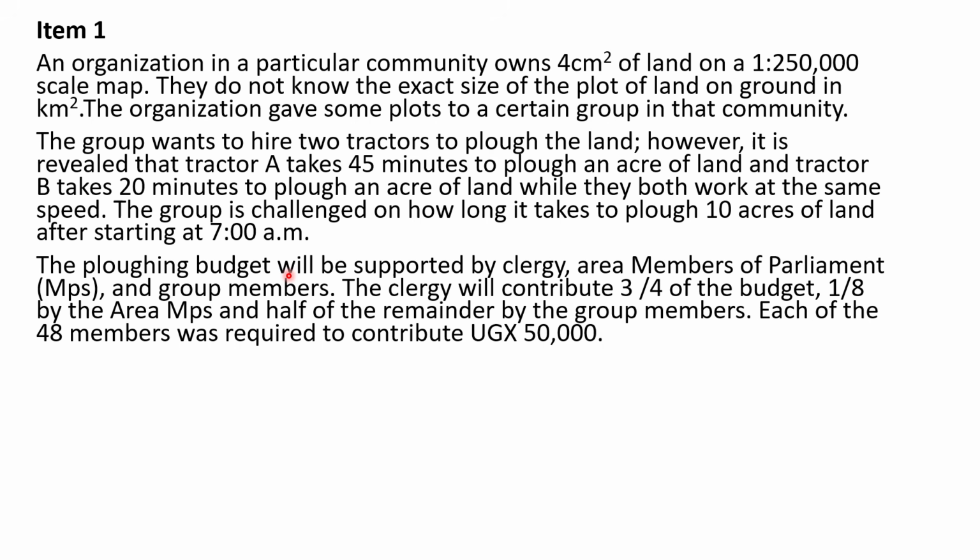The color G will contribute 3/4 of the budget, 1 out of 8 by the area MPs, and half of the remainder by the group members. And each of the 48 members was required to contribute 50,000. And now here you can see we have fractions.